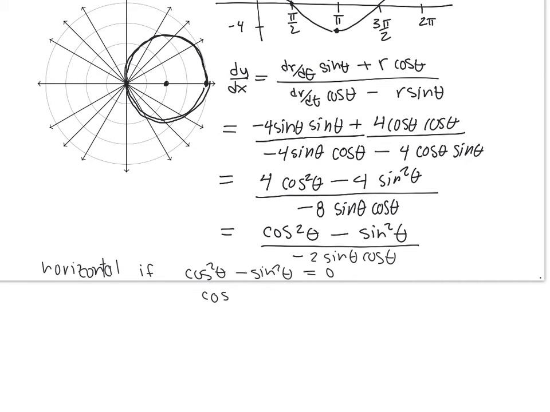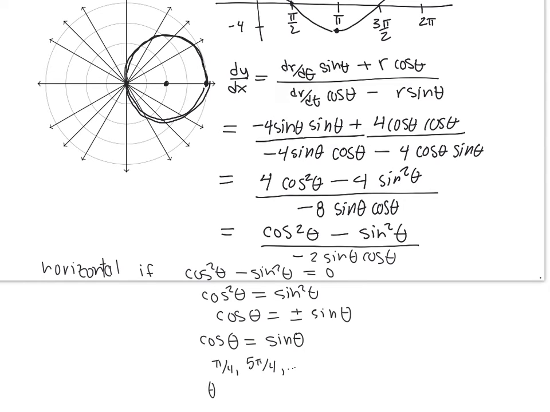That is the same thing as saying cosine squared theta equals sine squared theta, or as saying cosine theta equals positive or negative sine theta. And cosine of theta will equal sine theta at things like theta's pi quarters, 5 pi quarters, etc. Another way to say that is theta is pi quarters plus n pi.